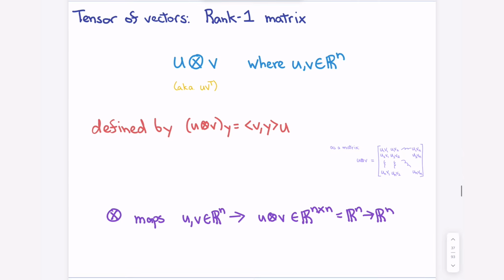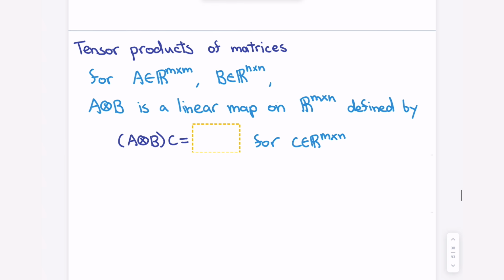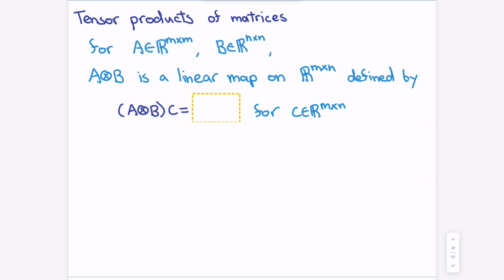Like I've already burdened you with this notation: you take two vectors and you get this rank one matrix, which is their outer product. You're probably used to UV transpose or something. All right, so the tensor product of matrices. I don't know if anyone's taking a quantum class, but there are fields where this operation comes up quite a lot.